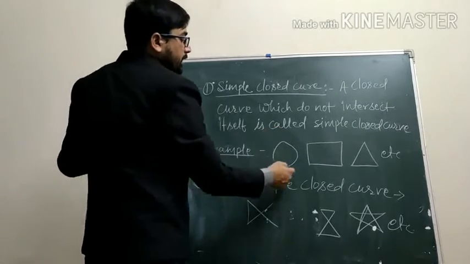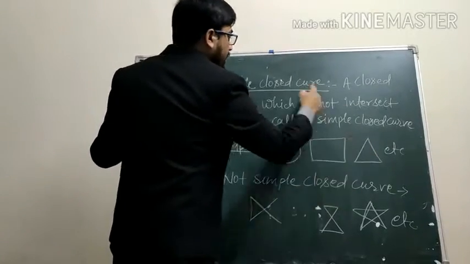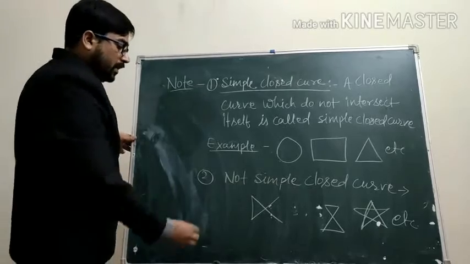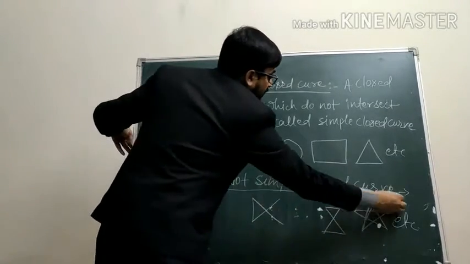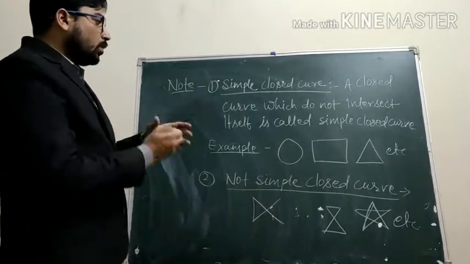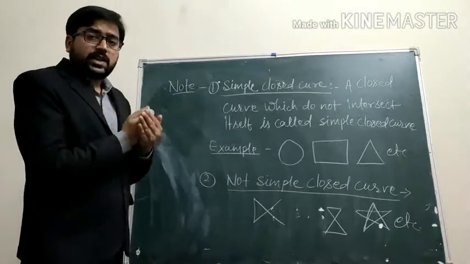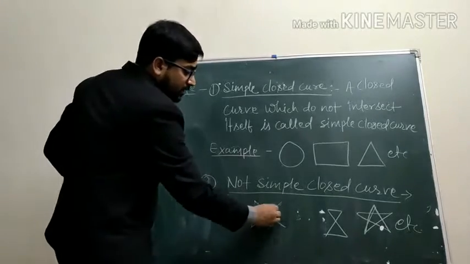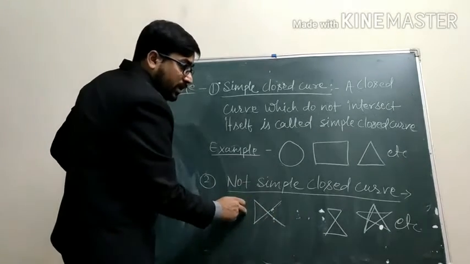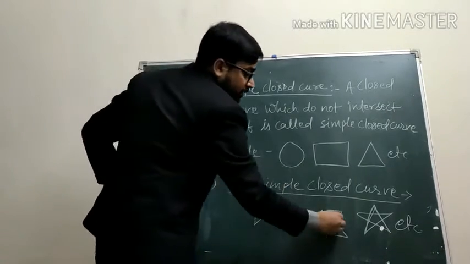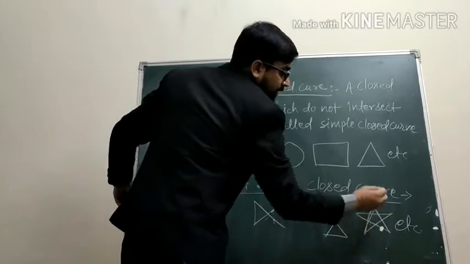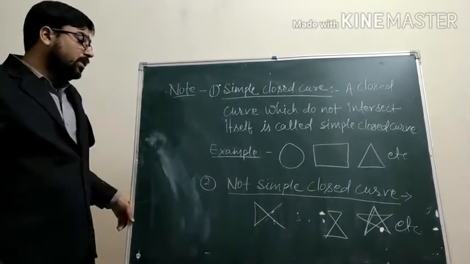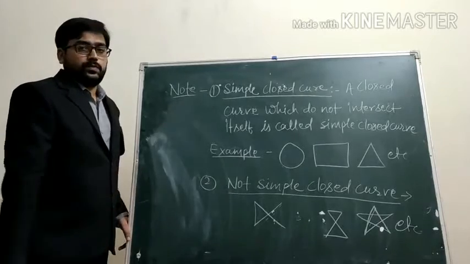But it does not intersect. These are the examples of simple closed curves. Not a simple closed curve: that means a closed curve which intersects itself. These curves are closed but intersect themselves. These are the examples of not simple closed curves.